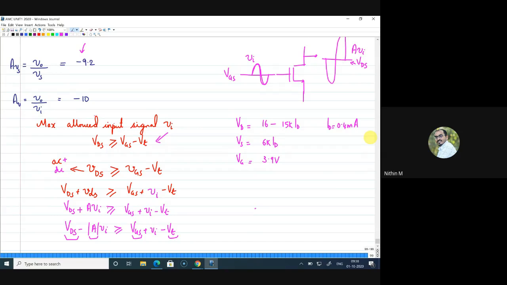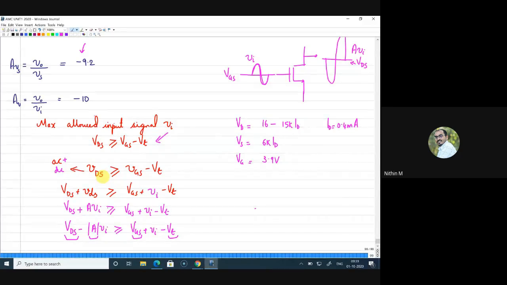Vi is 0.618. Any more answers? Please understand the notations here. The full small letters are AC, full caps are DC, and the combination is composite signal AC and DC.